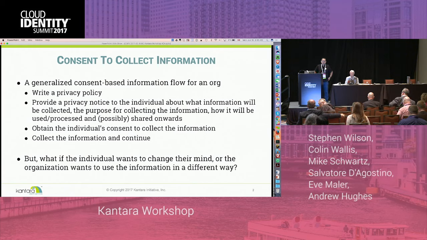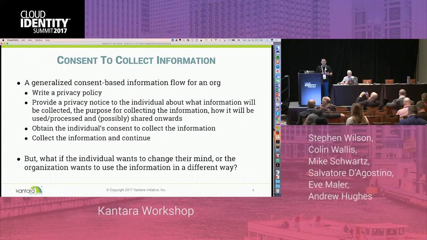Okay, so just a quick overview of a generalized, simplified flow for gathering consent from an individual to share their information with you as an organization. So one of the early steps, of course, write a privacy policy. When you go to collect the information from the person, provide a notice to them saying what you intend to do with the information, what you're going to collect.